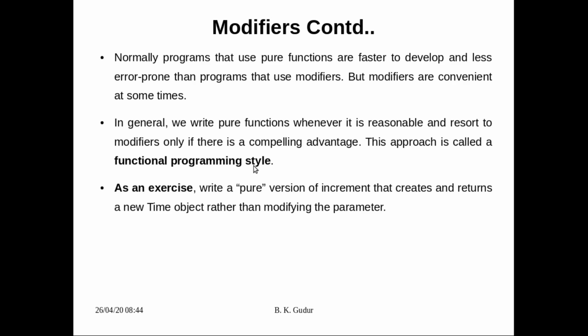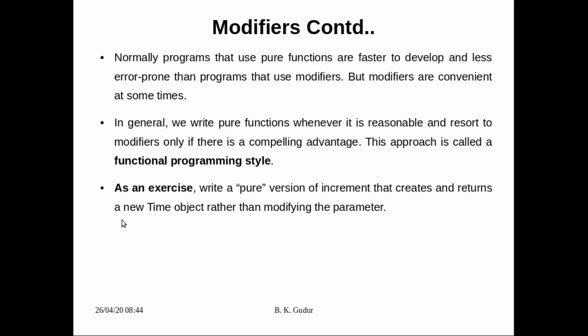What functional programming style means is that first we start with writing pure functions, and wherever it is highly required, if it is giving an advantage, only then we write modifiers, meaning we convert those pure functions to modifiers. This particular approach, starting with pure functions and converting them to modifiers as per the requirement, is called functional programming style.